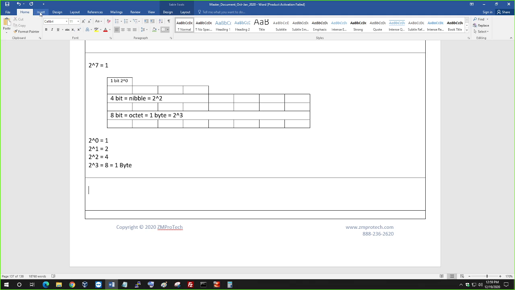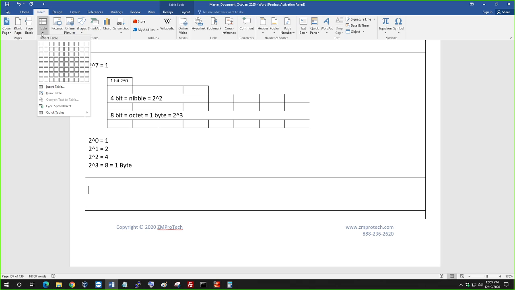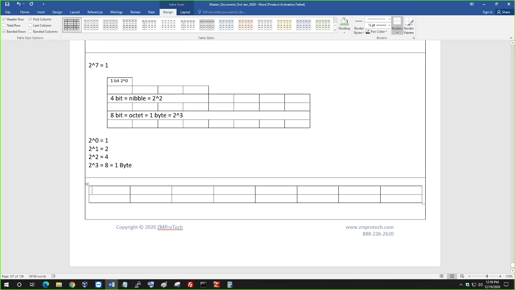How many boxes do I need? 8. So this is 8, 7, 6, 5, 4, 3, 2, 1. But the first position is going to be 0.